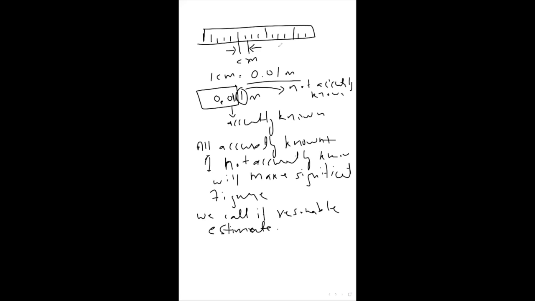Now there are some rules that will help you determine which figure is significant and which is not, right? All the digits 1, 2, 3 and so on are significant, but for zeros there are rules and we need to follow those rules.